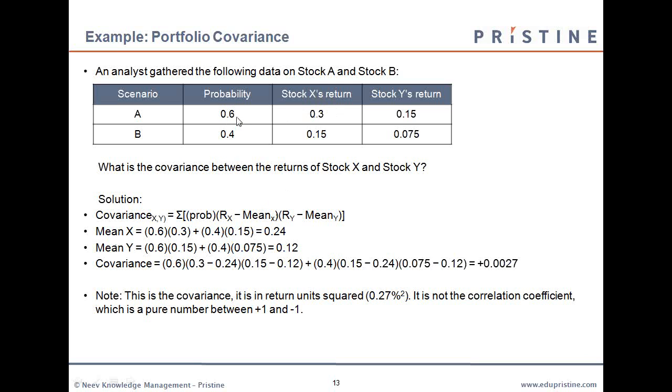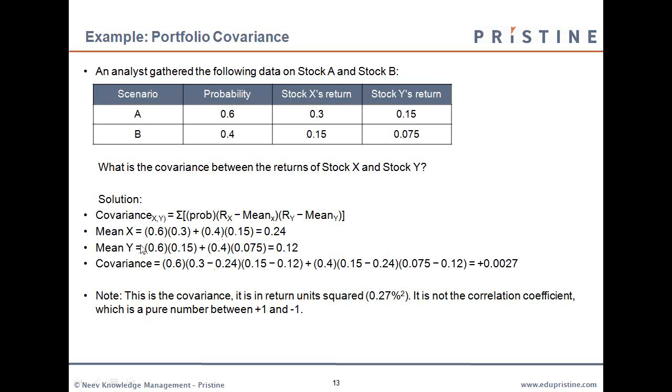So we'll simply multiply the probability of scenario A with the stock X return, and then multiply the probability of scenario B with the stock X return and take the sum.